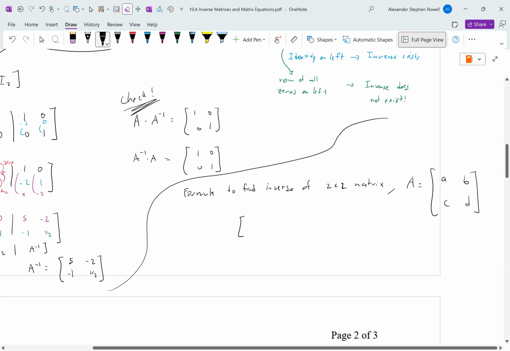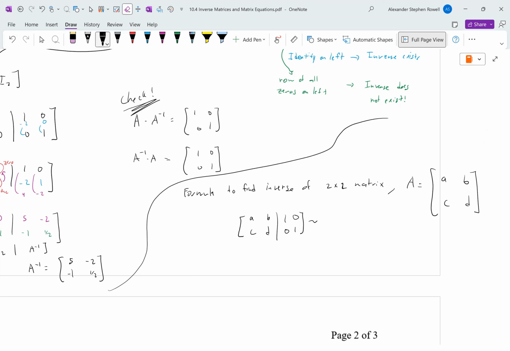Someone went through this process, writing A, B, C, D with the identity 1, 0, 0, 1, and did all those row operations till they got the identity on the left-hand side and this magical thing on the right-hand side.